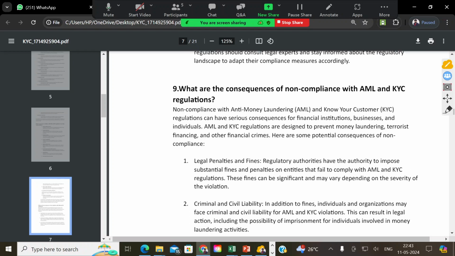So what are the consequences of non-compliance with AML and KYC regulations? Non-compliance with anti-money laundering, AML, and know your customer, KYC. See, if you fail to follow the KYC or AML checks, the government may penalize you, maybe a legal penalty, or they can even shut your operations. Government can file a case against the board of directors or responsible persons.